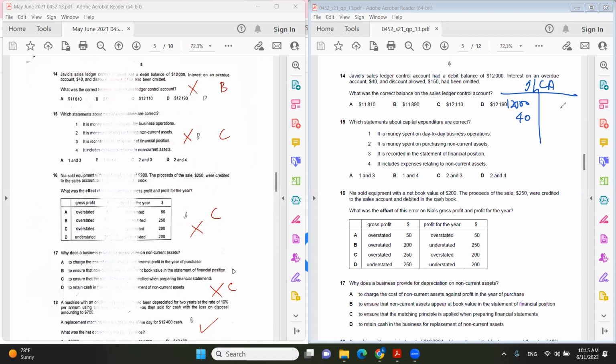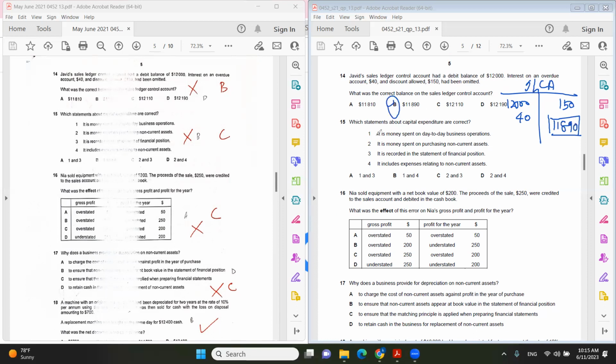And discount allowed in the credit side has been omitted. So we put in here 150. What was the correct balance on the sales ledger control account? So the new balance will be debit minus credit, 12,000 plus 40 minus 150. So we get 11,890. So the answer should be B.